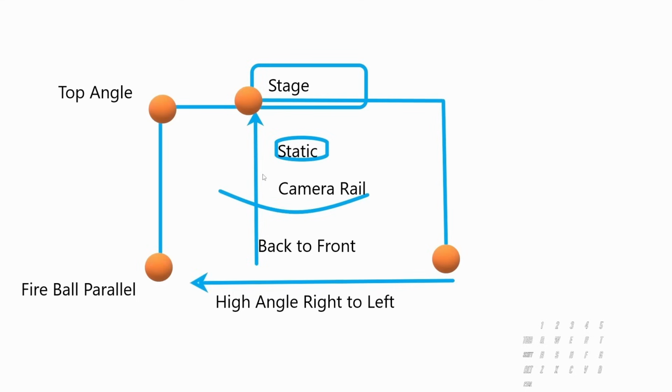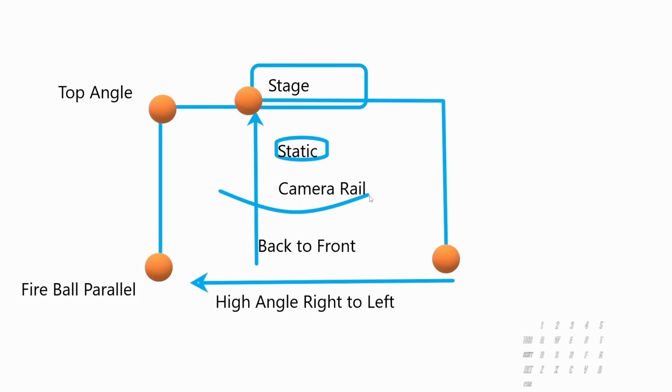For the second shot, the camera moves from back to front, from the middle. For the third one, we will use the Unreal Engine camera rail. The camera moves from here to here like this, from the middle of the auditorium.